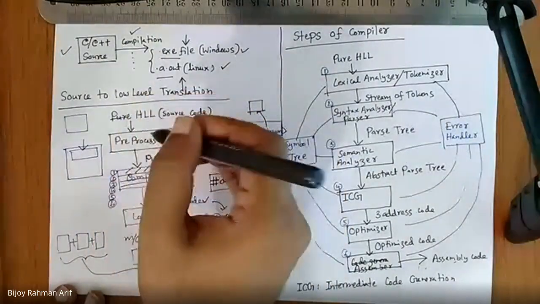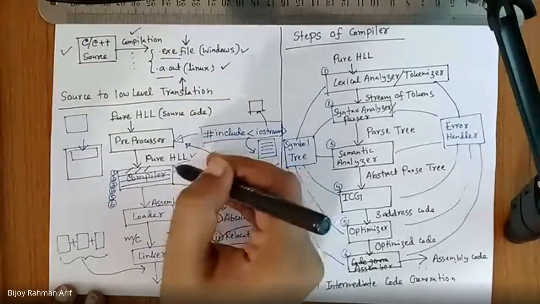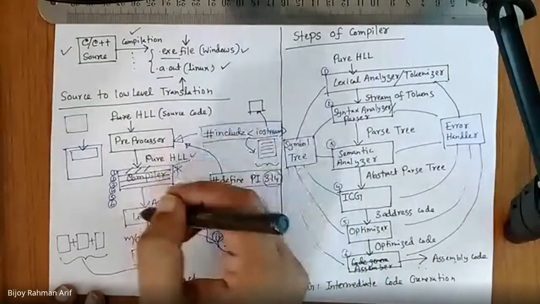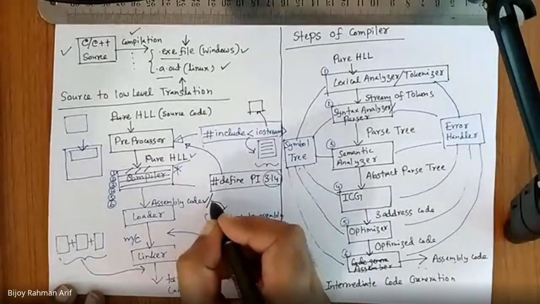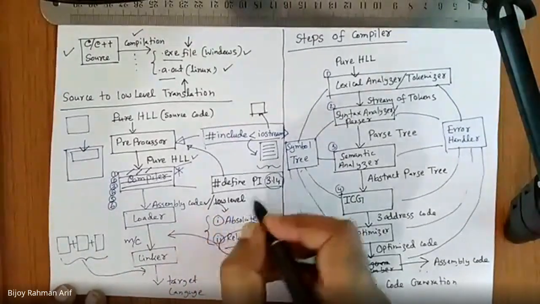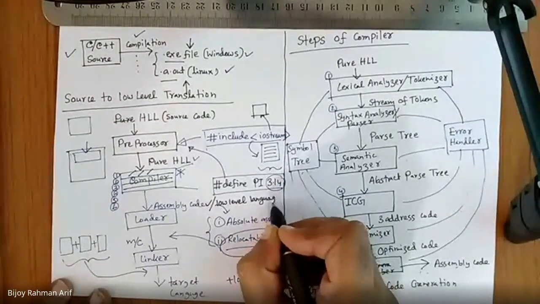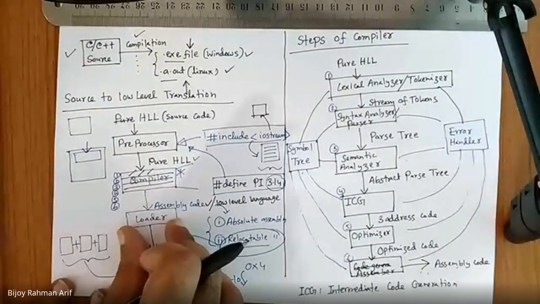This way the high level language is converted to pure high level language. Then we pass this pure high level language to the compilation step. After the compilation step, it converts to assembly code or some sort of low level language. After that, this assembly code or low level language is passed to the loader.